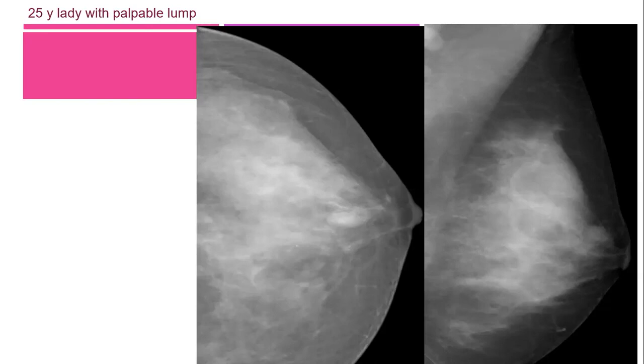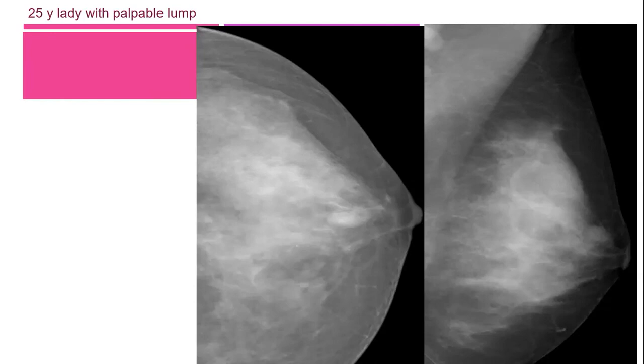No associated calcification or microcalcification. But on the craniocaudal view, I see the upper part of the mass has some spiculation, or it could be obscuration by adjacent parenchyma.